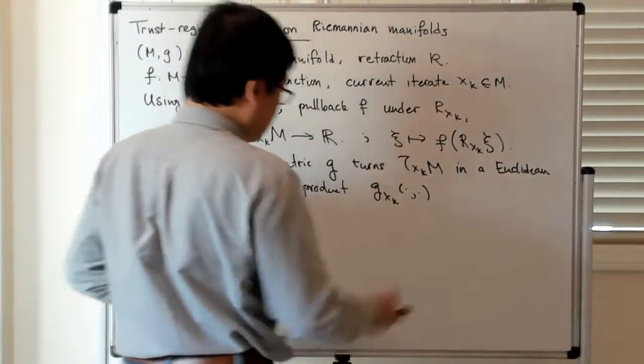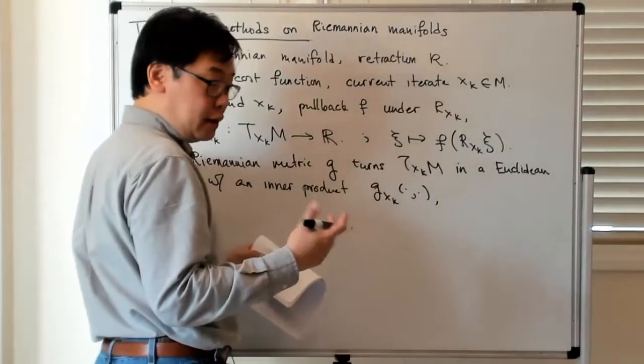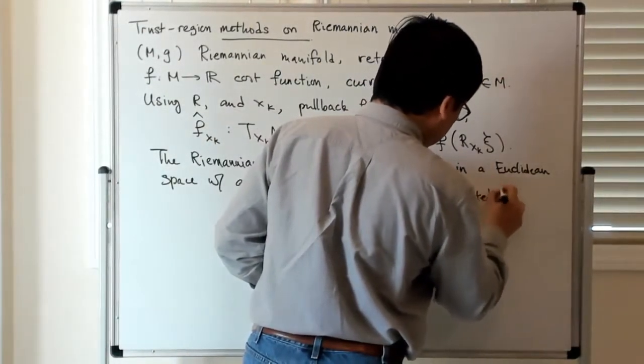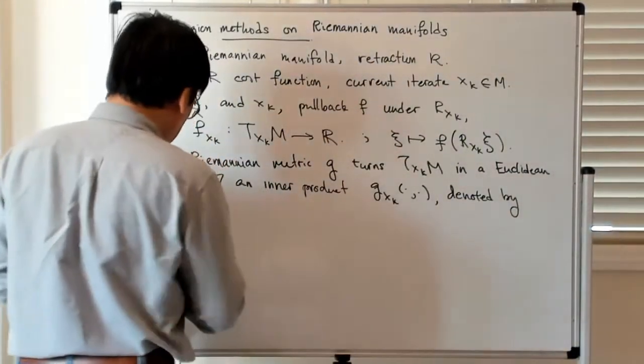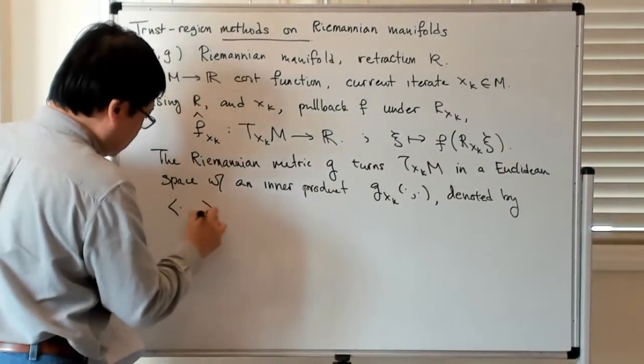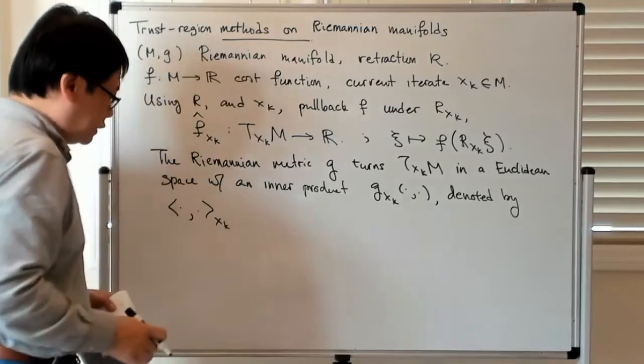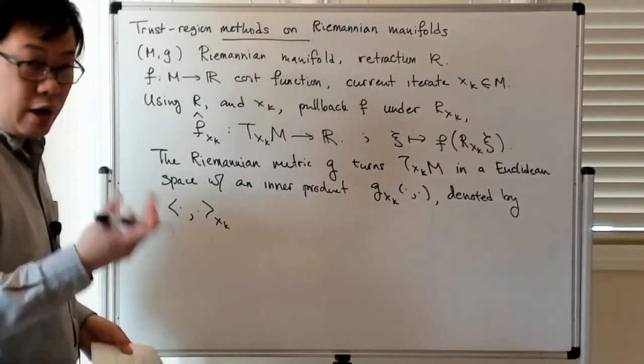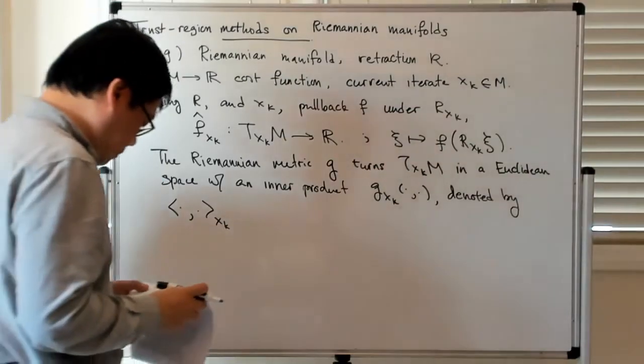Usually we denote this by angle brackets. Then if it's necessary, we put the subscript xk to tell you where you're evaluating the metric.